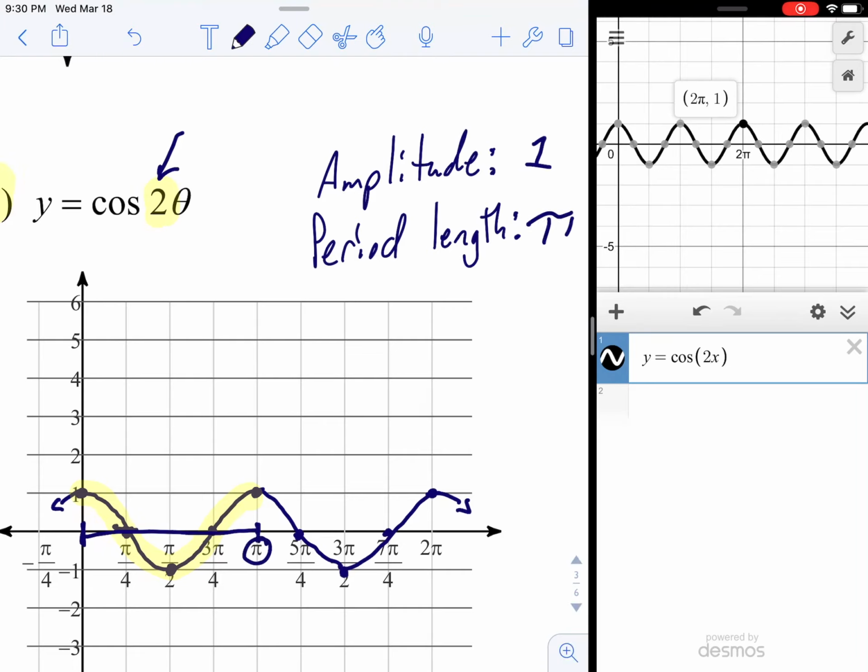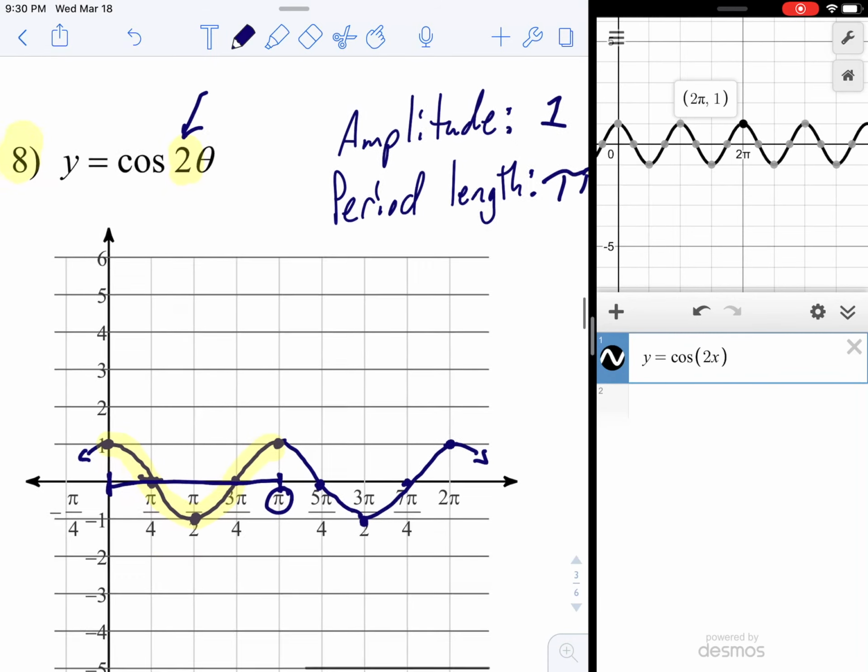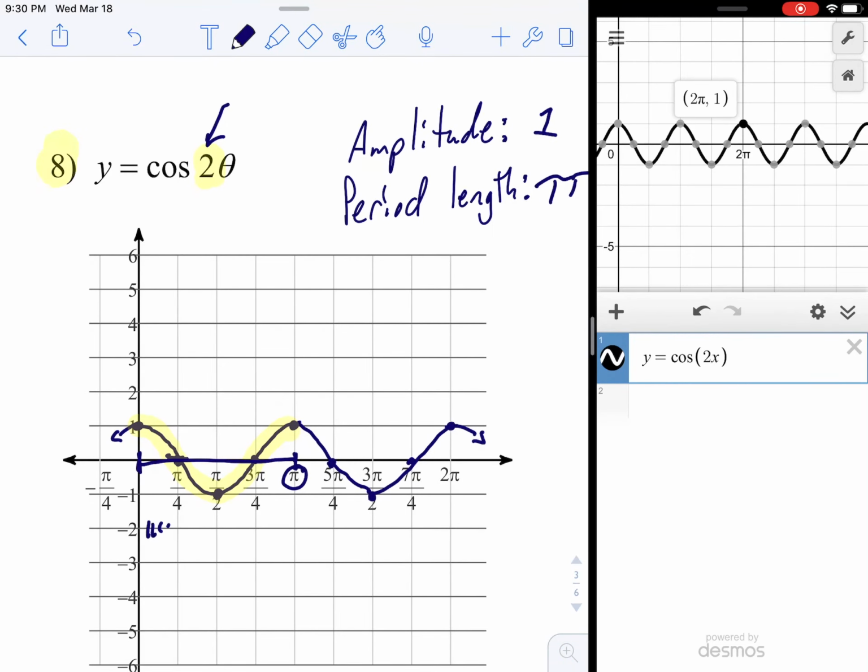The period length is pi, or 3.14, or 180 degrees. Now, you can do this all in degrees, but then you've got 180 marks just to get to here, and then 360 just to get to there. So normally, you don't graph in degrees. All the graphing is done in radians. That's just fairly standard.